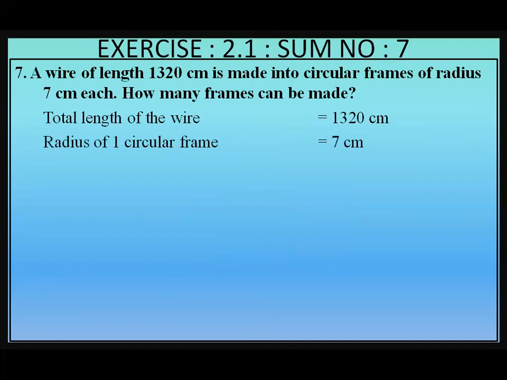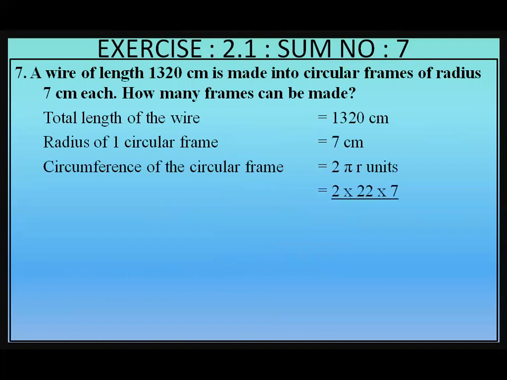So let's find the circumference to know what is the length needed to make one circular frame. So circumference of the circular frame is 2 pi r because radius is given. So 2 into 22 by 7 into 7. 7 and 7 cancel. So you get 44 centimeters. So 44 centimeters is the length of the wire needed to make one circular frame.